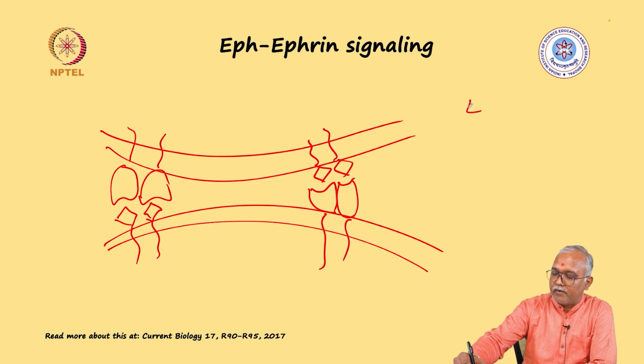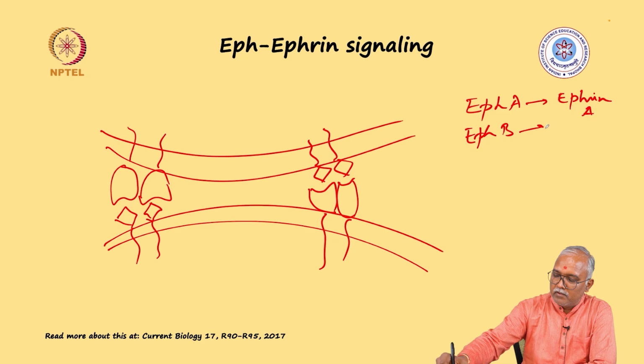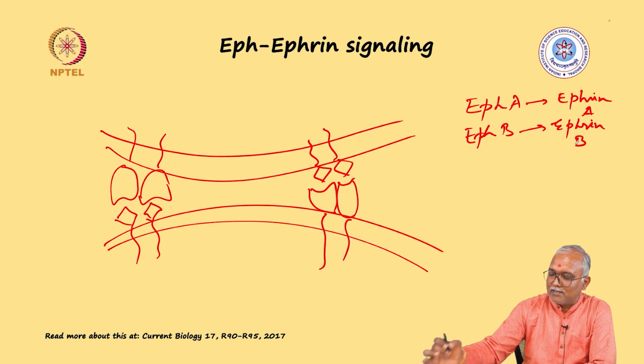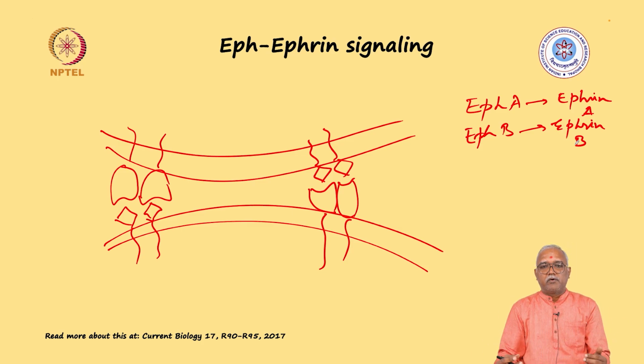Generally you prefer EPH-A interacting with Ephrin A, and similarly EPH-B with Ephrin B. However, in the last class we saw how crosstalk is feasible. So EPH of A type is interacting with Ephrin of B type and so on.